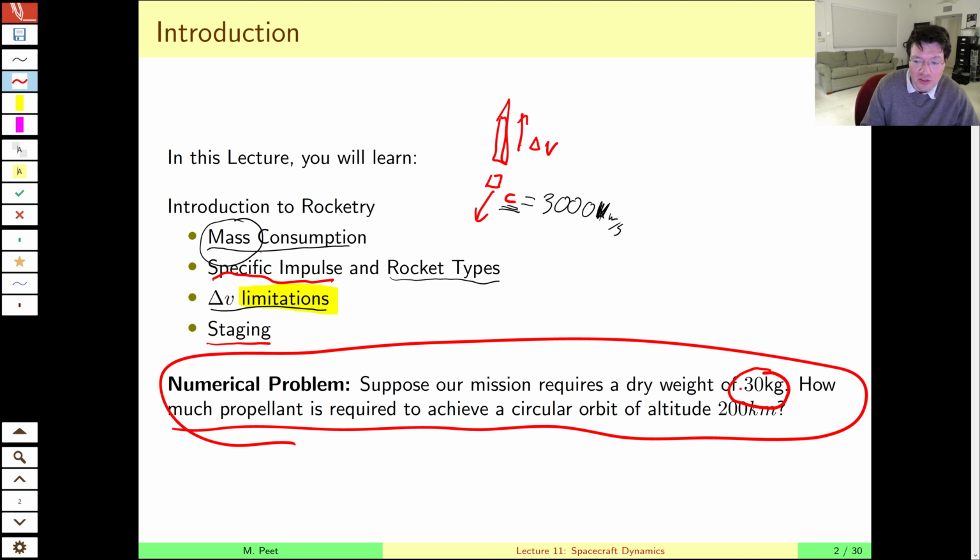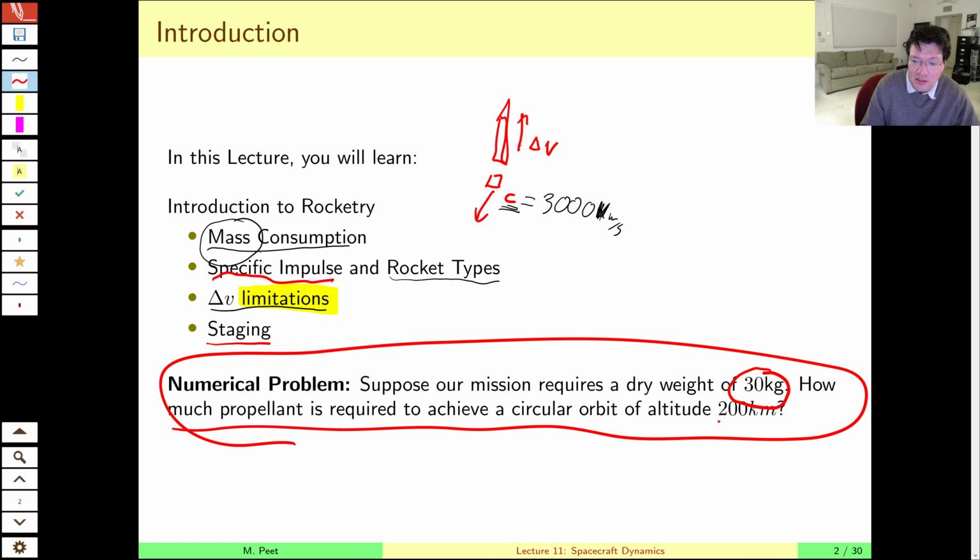How big a rocket do we need in order to launch that 30 kilograms into orbit? Now, it turns out the answer is a rather large one. And actually, without staging, we'll find out that it's next to impossible to launch anything into space.